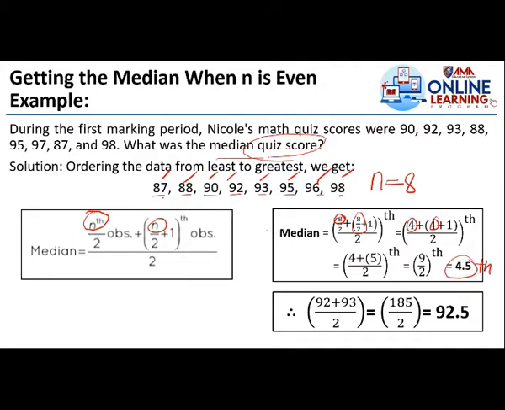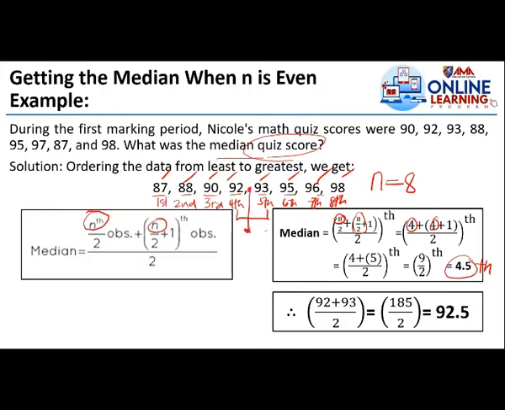The problem is walang 4.5. So, this is first, second, third, fourth, fifth, sixth, seventh, eighth. Problema, walang 4.5. Yung 4.5, nag-lie siya between fourth and fifth term, sa gitna or in between dito.